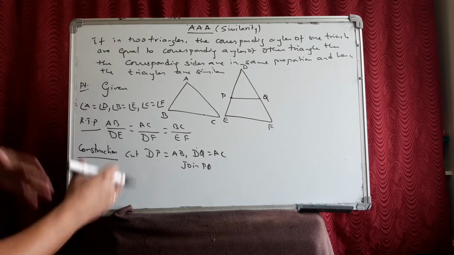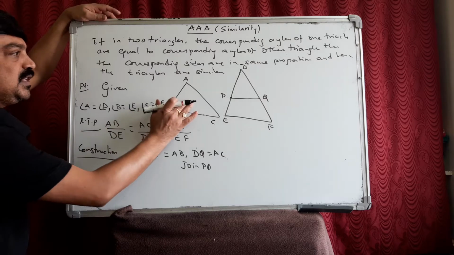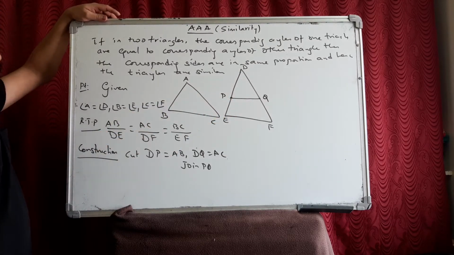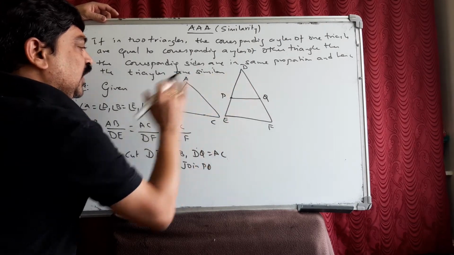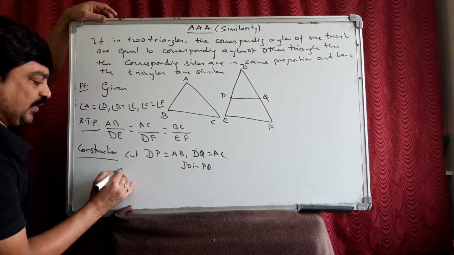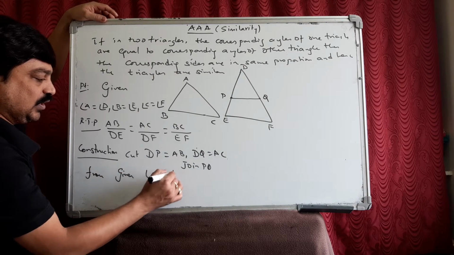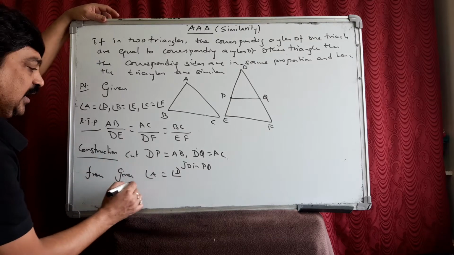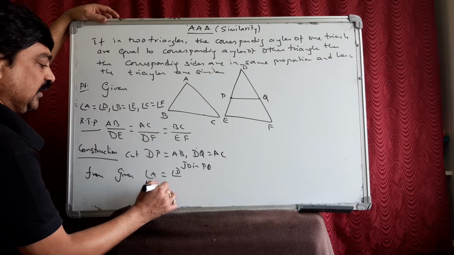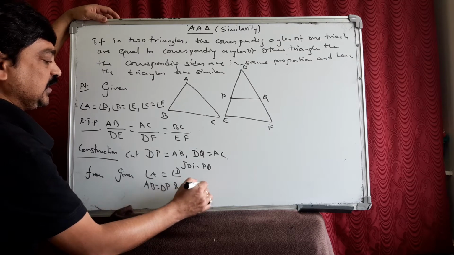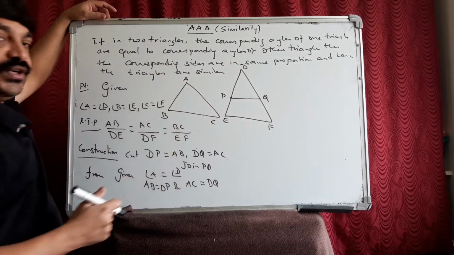Now from given, what can we use here? See, look here, if you compare the triangles ABC and DPQ, from given, angle A is equal to angle D, and AB is equal to DP, AC is equal to DQ.